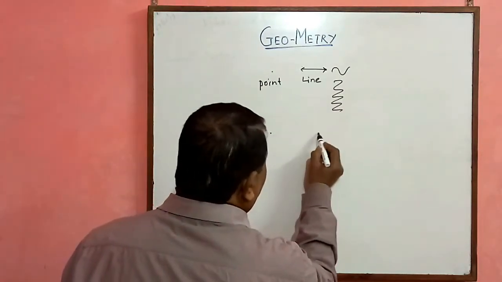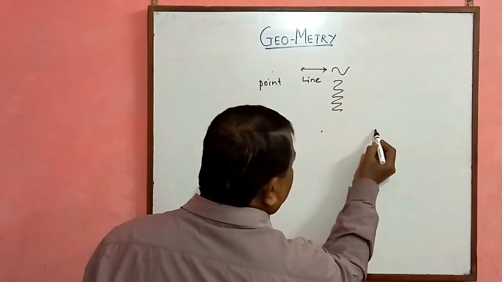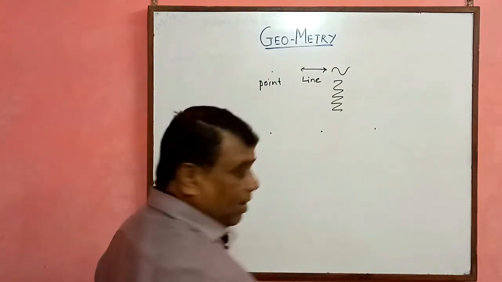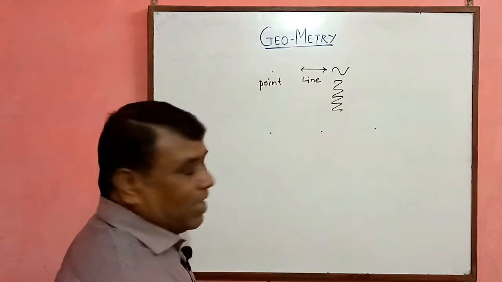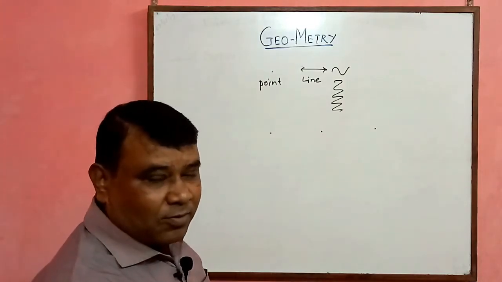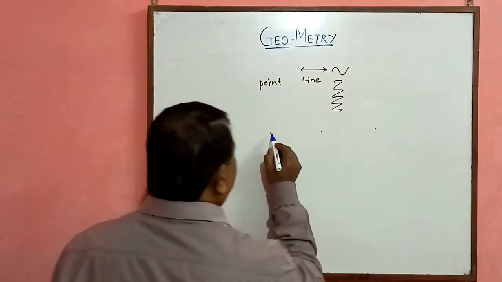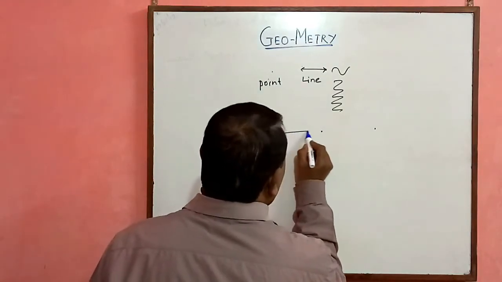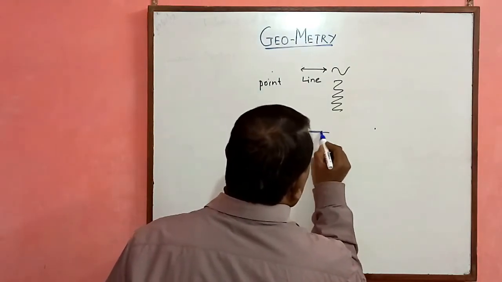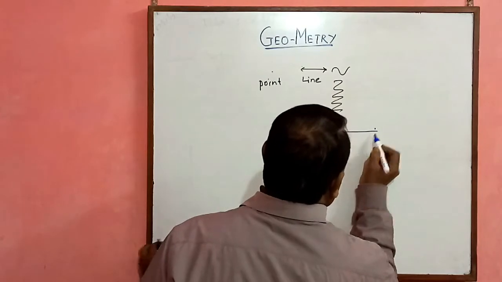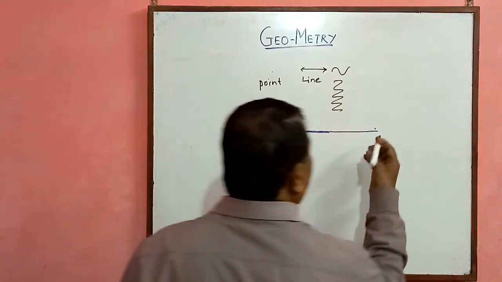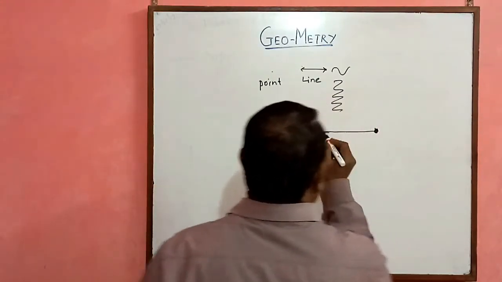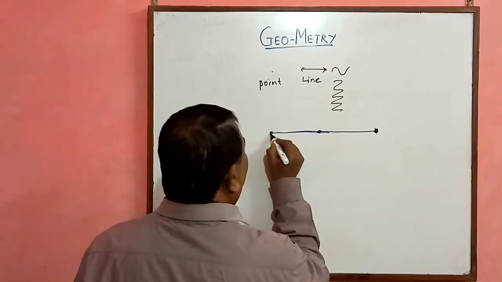Now, for a straight line, we have to choose 3 points in such a way. Here is the condition for a straight line. This is a straight line. So here we have a point here, a point here, a point here.